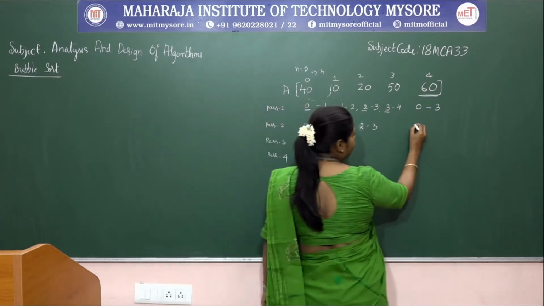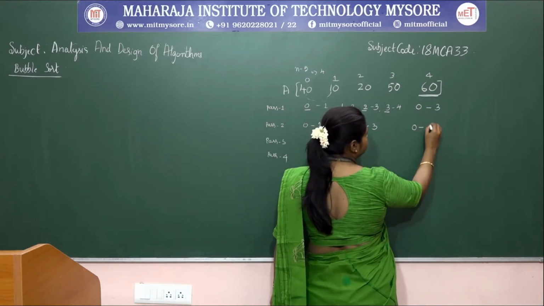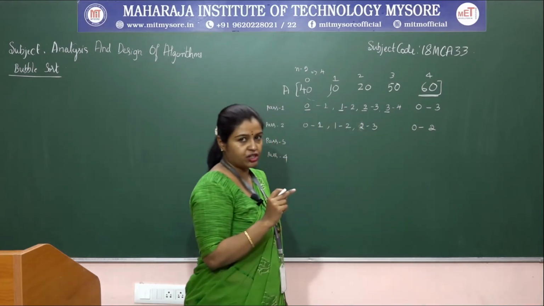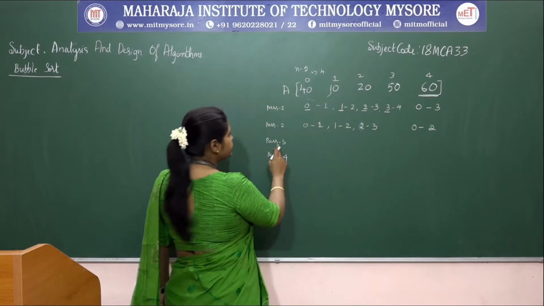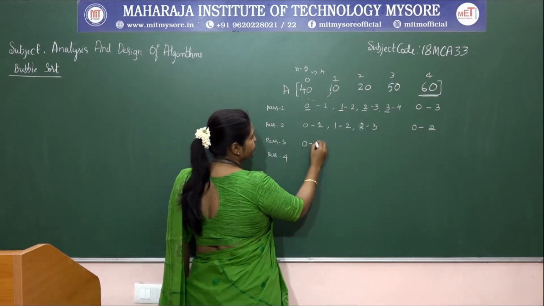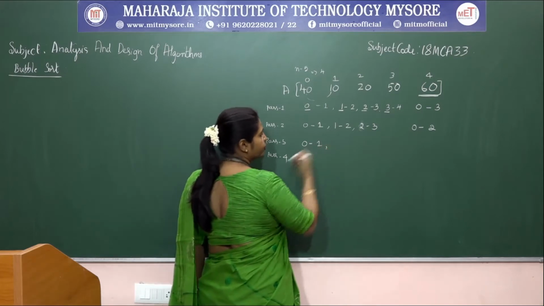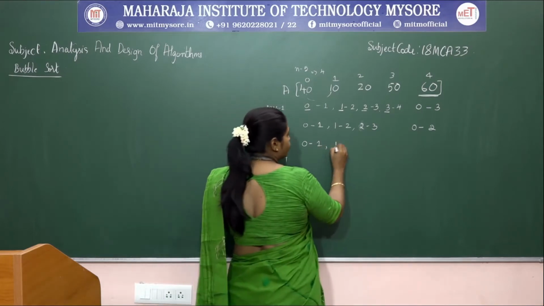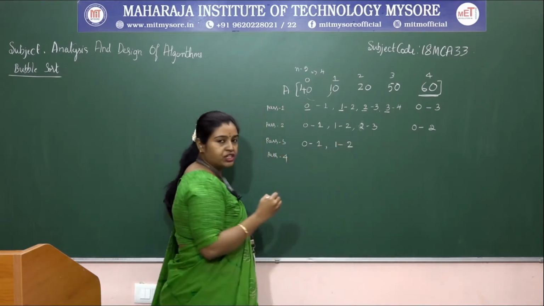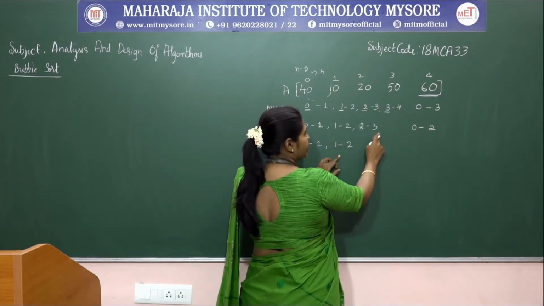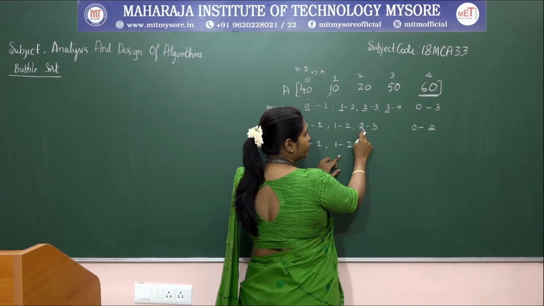In the second pass, elements are compared from where to where? From the 0th position to the second position. In the third pass, the 0th and first position will be compared, then the first and second position elements. Since the second largest element has been placed, we go only up to 2.